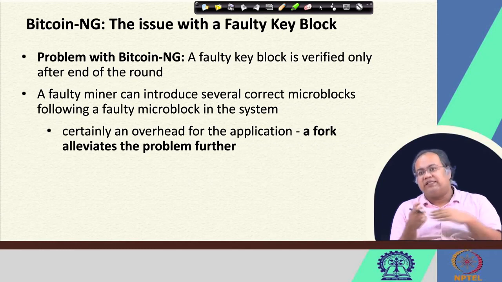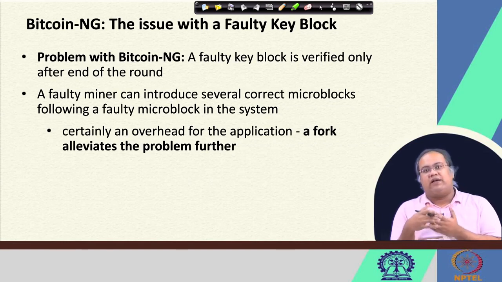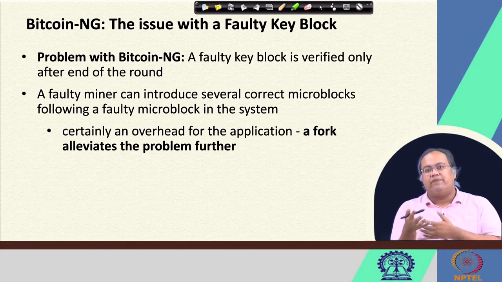So this kind of overhead gets introduced, and a malicious participant can create a denial of service kind of environment by introducing such faulty micro blocks in the system. It participates as a legitimate user, it gets selected, and once it gets selected, it injects a correct key block.